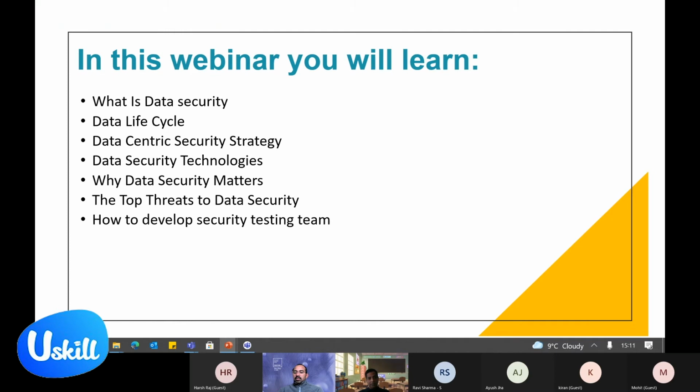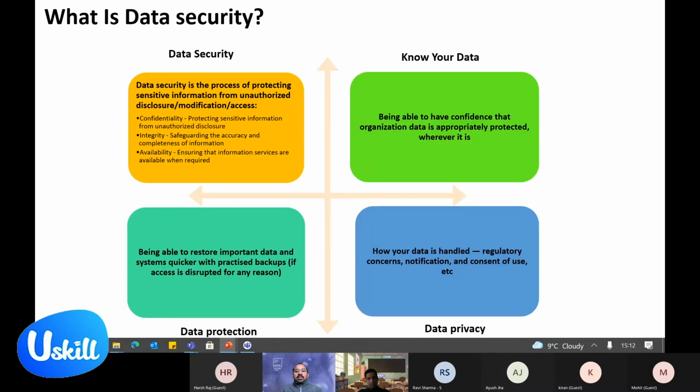Data-centric security strategy: what is the best way to implement security? Whether it is data-centric, network-centric, or asset-centric. We will be covering all these points, and at the end, we will learn how to develop a security team. In many organizations, and this is my personal experience when I am giving support or consultancy, I find that they don't have a good team who can develop or implement cybersecurity into their program. So let's start.